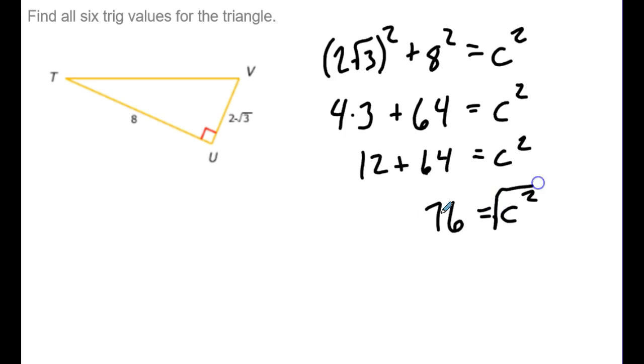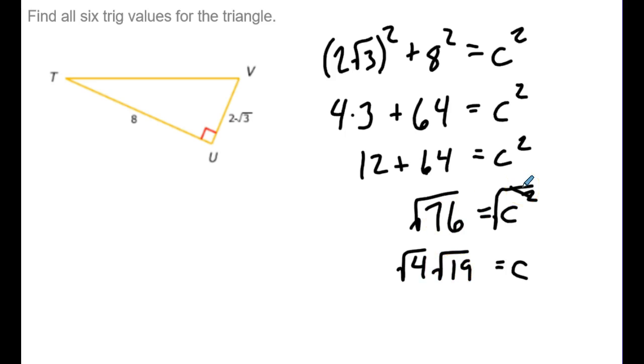And now we could take the square root of each side. C is equal to the square root of 76. This is where we want to simplify this, break it down if we can. 76 is the same as radical 4 times radical 19. So we can break the square root of 76 down into the square root of 4 times the square root of 19, because 4 times 19 is 76.